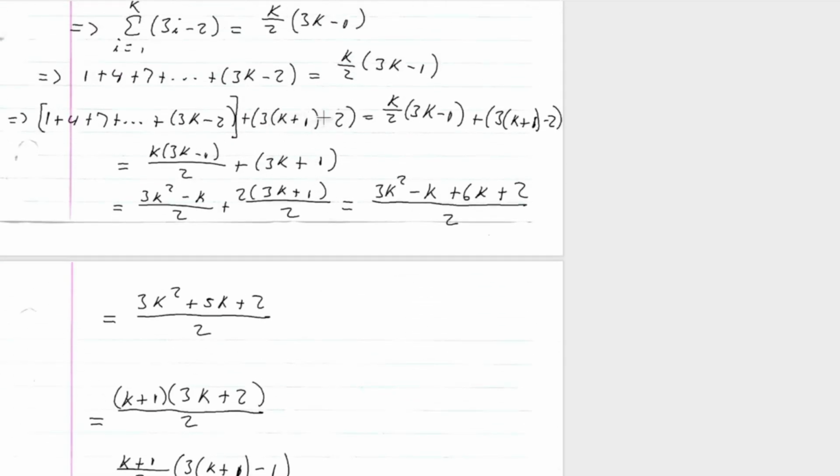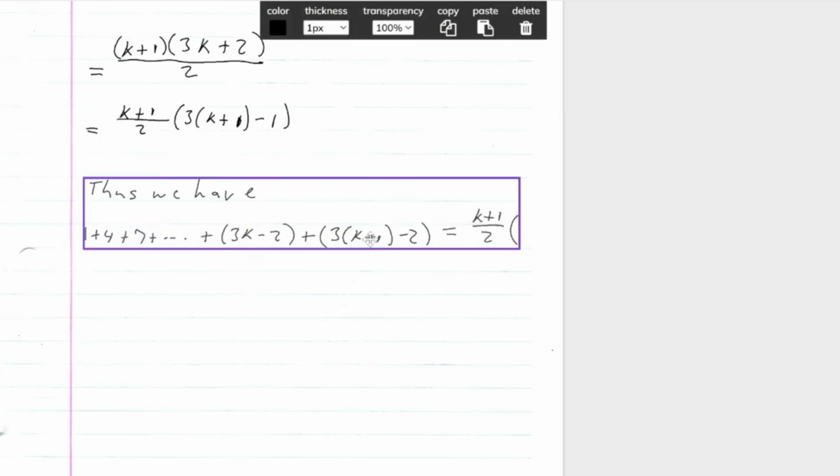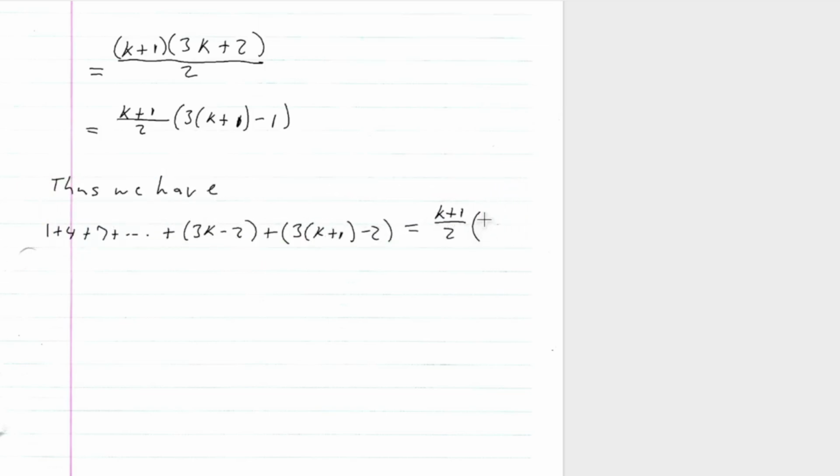Remember, we added this next term of the sequence, 3 times k plus 1 minus 2, is equal to, we were able to get it to equal k plus 1 over 2 times 3 times k plus 1 minus 1.